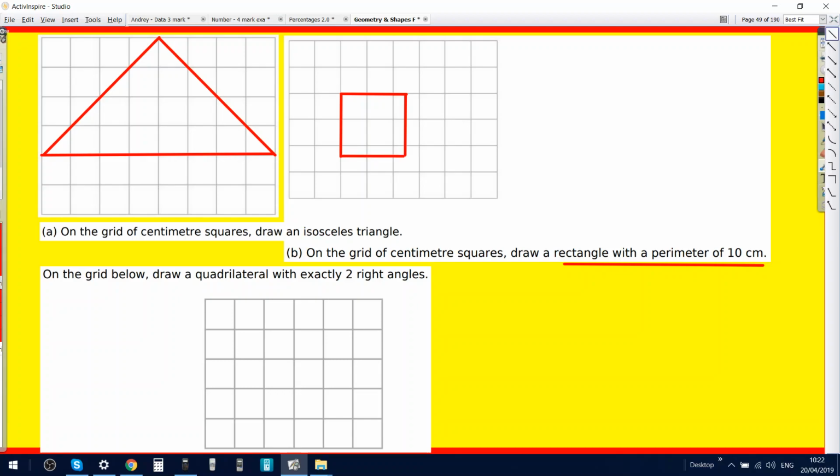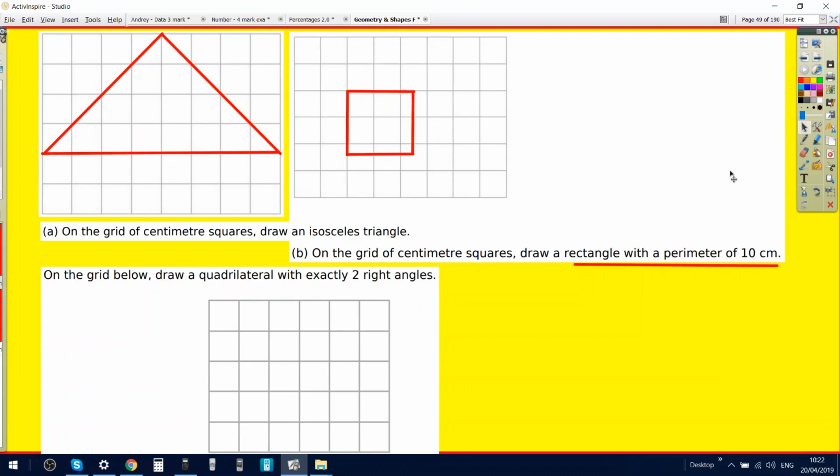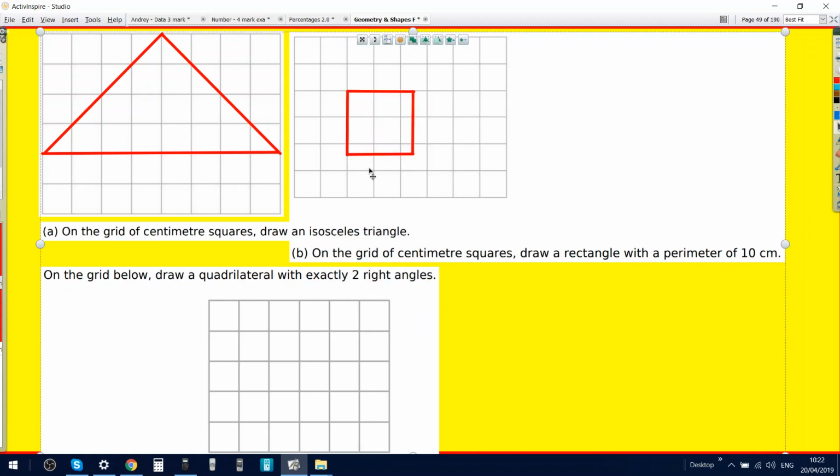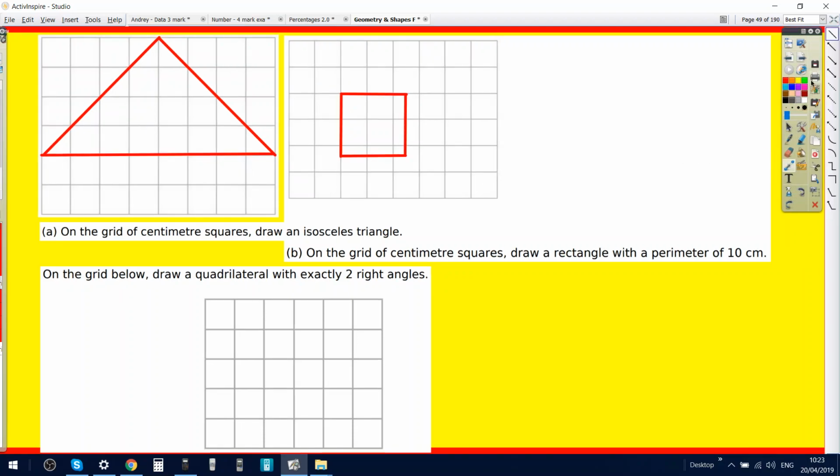Another way to do it would be, what would be the perimeter for half of a rectangle? 5. And so how could you make a perimeter of 5? Would you have three sides be 1, and then one of the sides be 2?